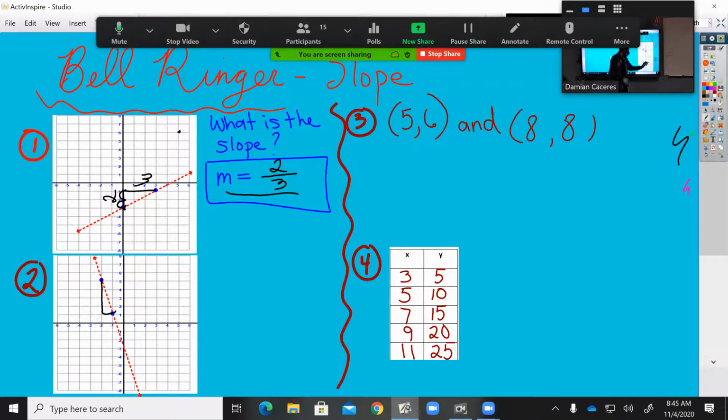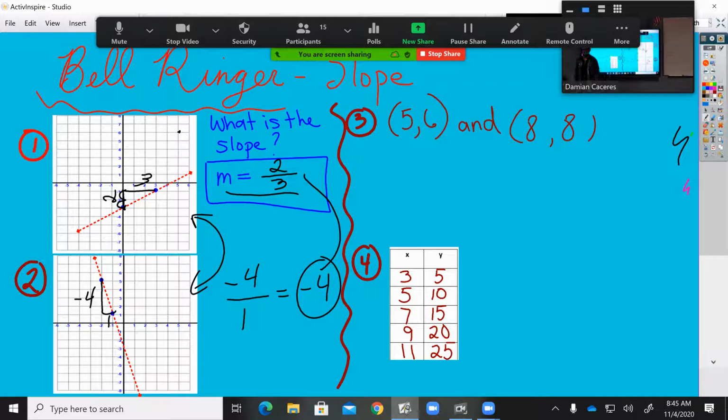Down 4. Down 4 would be -4, and then right 1 would be +1. The slope for number 2 is the rise over the run. -4 divided by 1 equals -4. That's how you find the slope from graphs. Just draw an L and count your boxes.